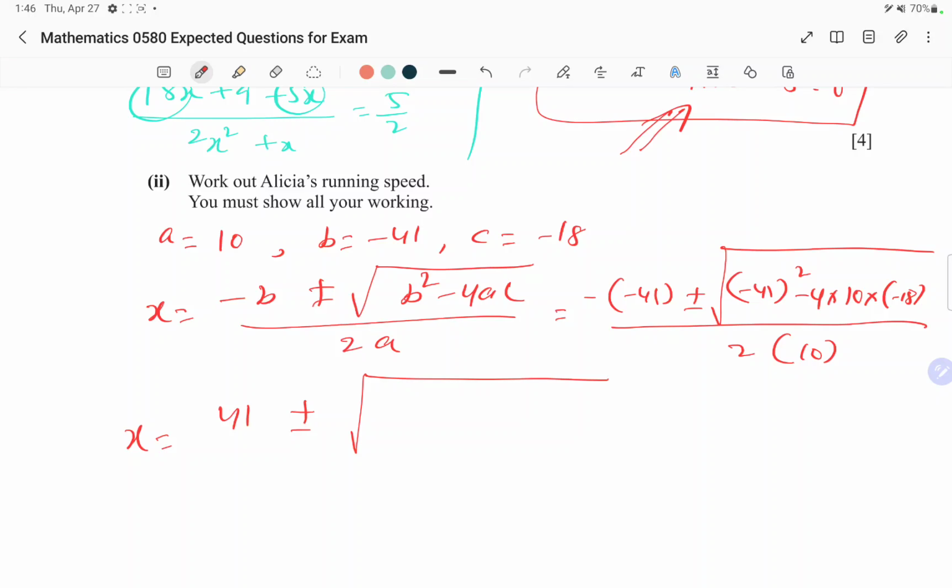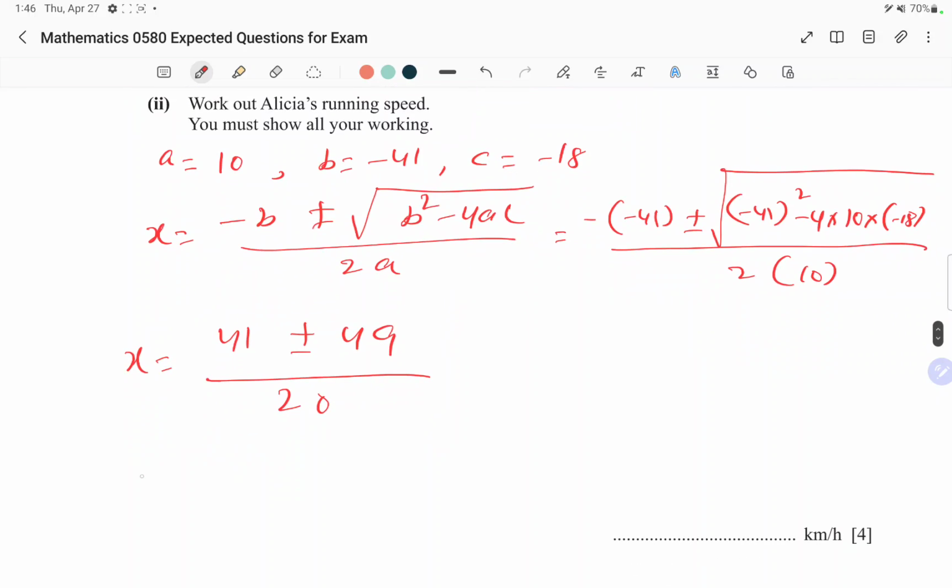So minus 41 squared, and minus 4 times 10 times minus 18. Here we get this value, that is 49. That's great. So I got 49 here over 20.